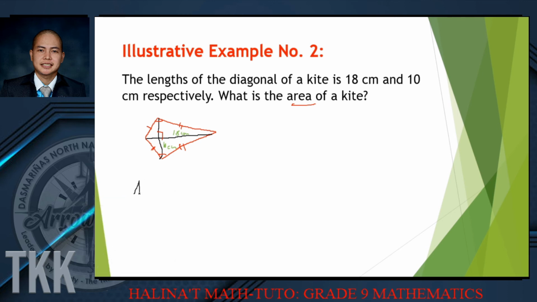So the area of a kite is equal to diagonal 1 times the second diagonal, over 2. So, ganun lang kasimple. Or, 1/2 times diagonal 1 and diagonal 2.